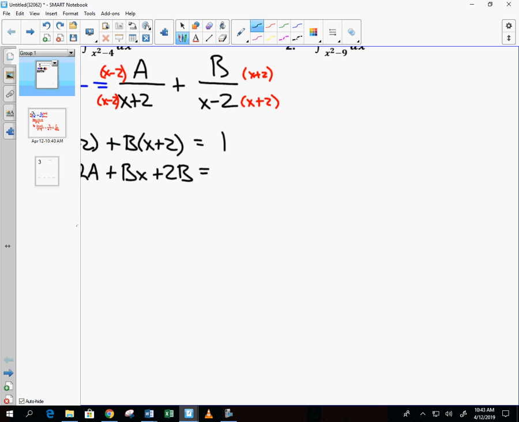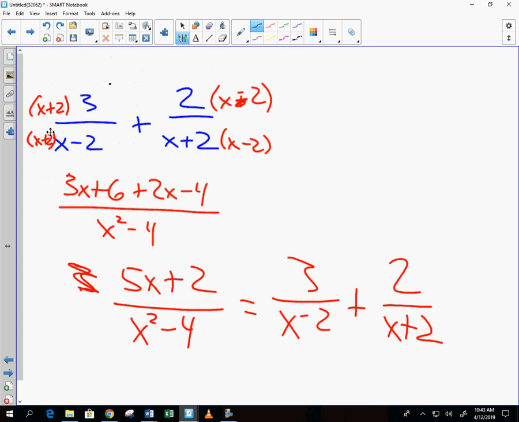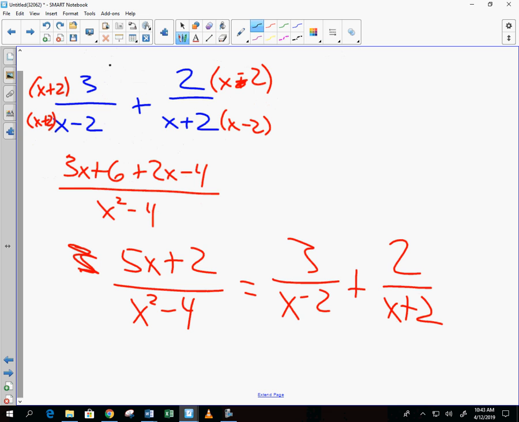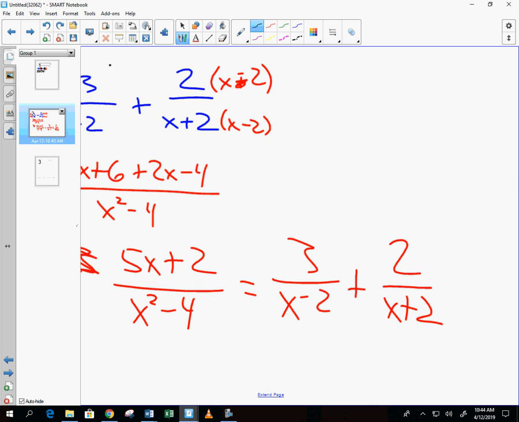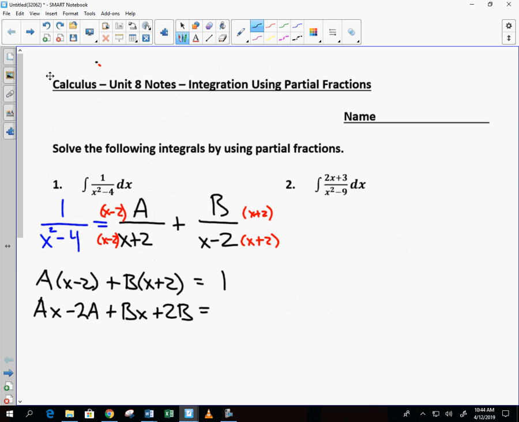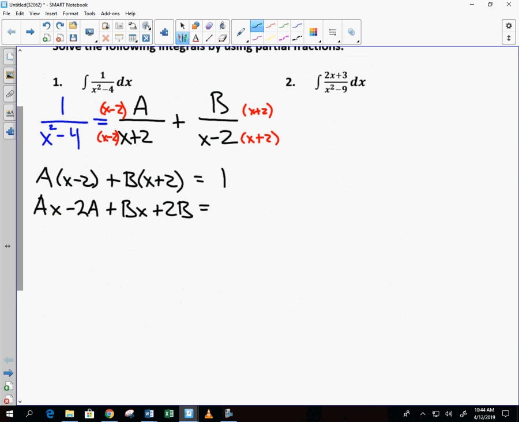Notice in my previous example that I put up on the board, we ended up with 5x plus 2 in the numerator. Well, how many x's do we have in this problem in the numerator? None. So we have 0 x's, and then what is our constant?